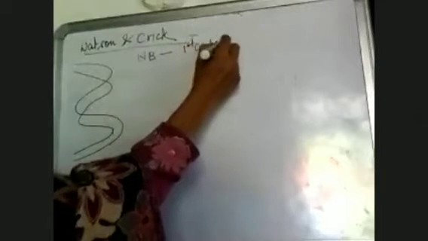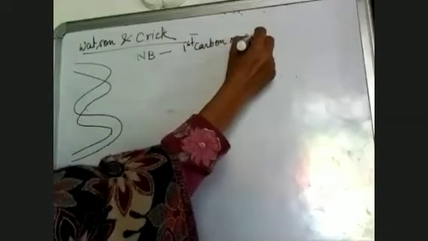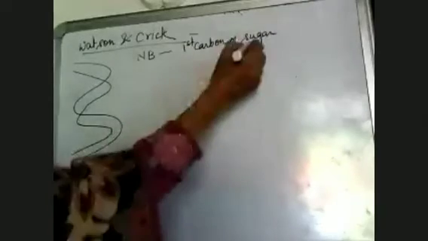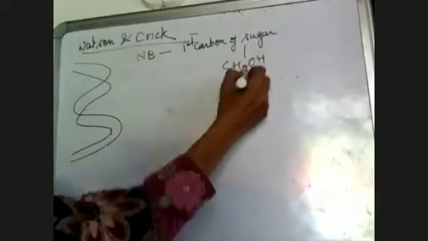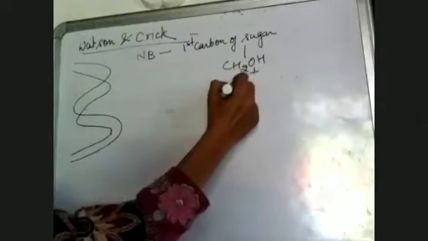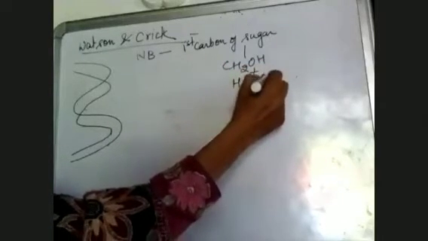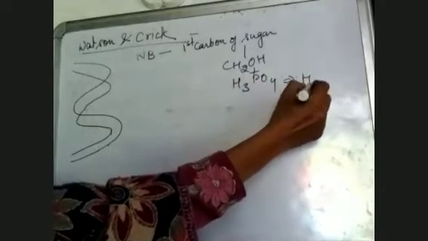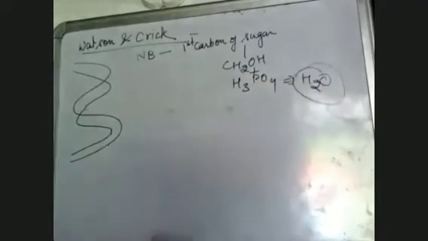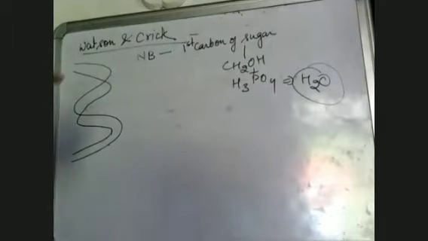And this sugar is connected at the CH2OH end with H3PO4 phosphate, and this results in the release of a water molecule when this is formed. So that was the structure of nucleotide which we did yesterday.